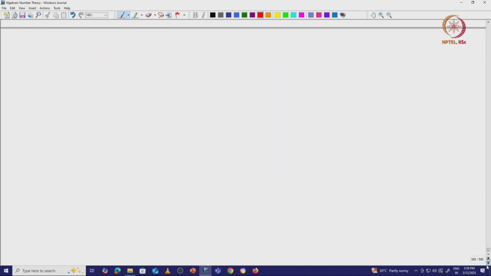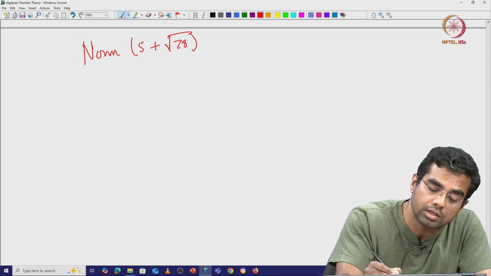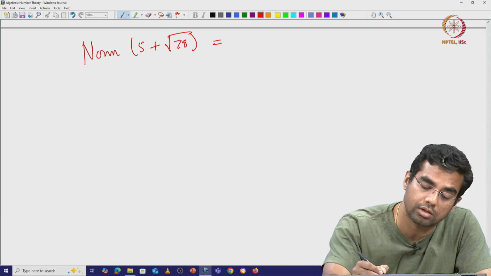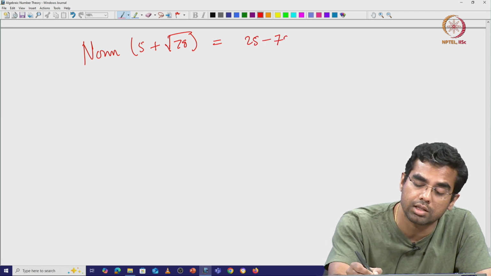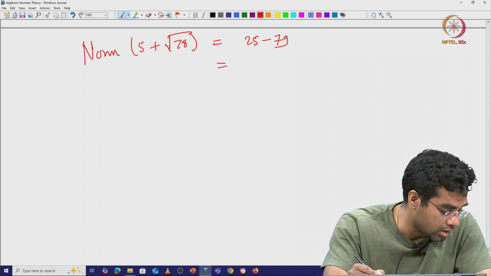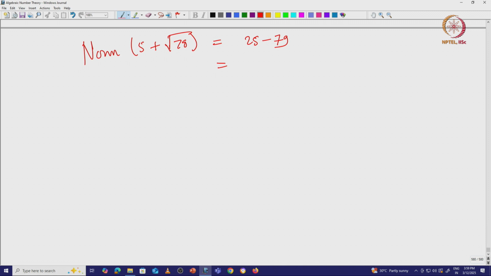But we are going to do the following. We are also going to look at the norm of 5 plus square root of 79. What I am doing effectively is just writing down lots of norms and then observing various things. So this is 25 minus 79, which is 54, which is 2 into 3 cubed, and so maybe I will rename at this point.